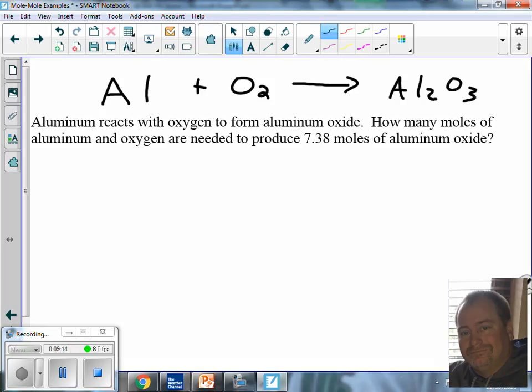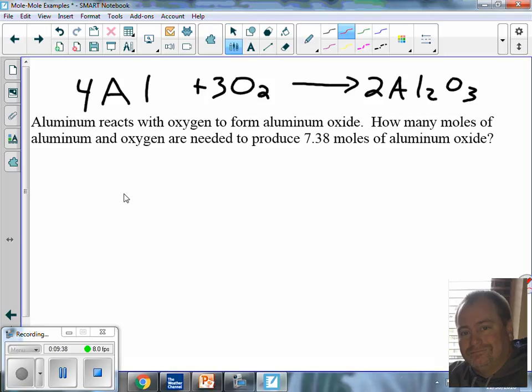We used the decomposition of aluminum oxide at first. Now we're using the combination reaction to form aluminum oxide. I don't know if you recognize that or not. Hopefully you did.